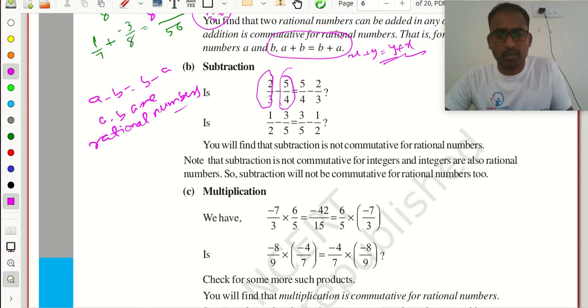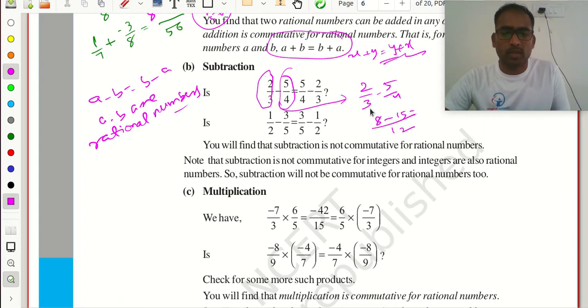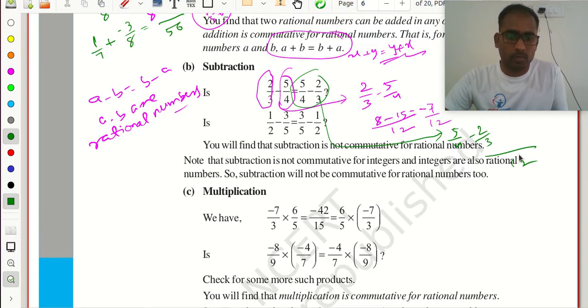How much will I get here? 2 by 3 minus 5 by 4. How much will I get? Minus 7 by 12. Now again I will do subtraction for this one. 5 by 4 minus 2 by 3. 12, 15 minus 8. This is 7 by 12.